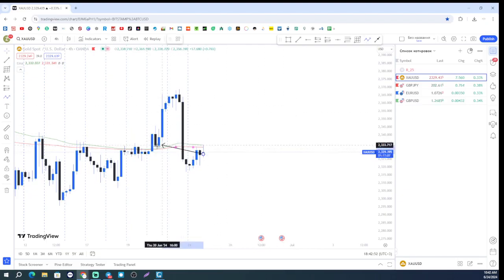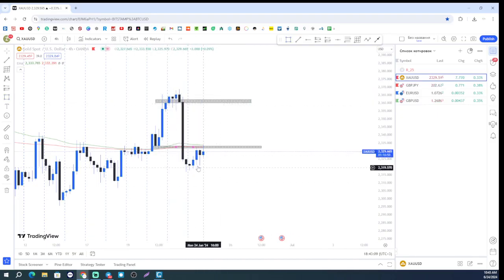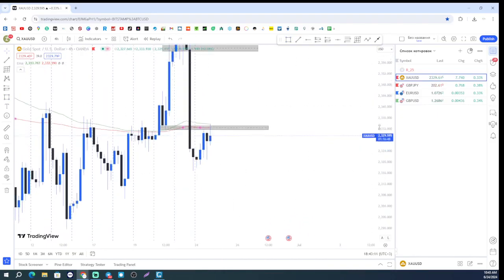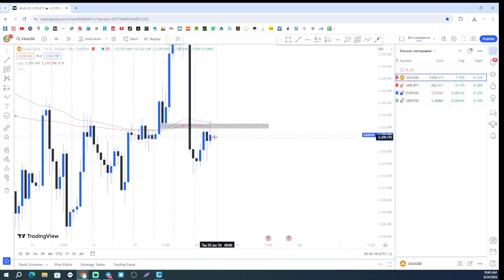Where are we going to retest? Right now we do retest this one. I'm going to make it clear: this is going to be our first retest, and then this one is going to be our second retest, because that kind of looks to me like a small rejection area. So for me right now, it doesn't seem like this price action will hold.